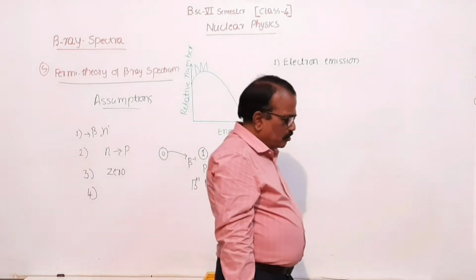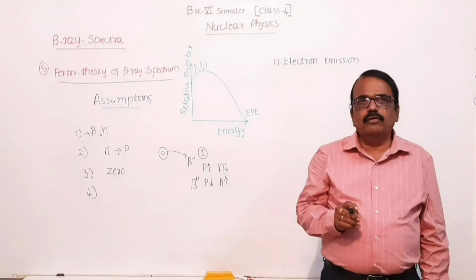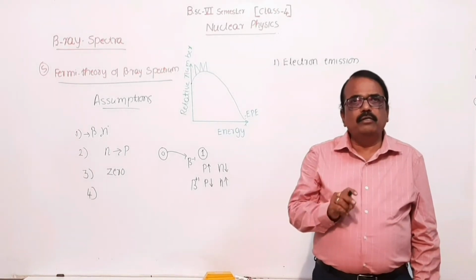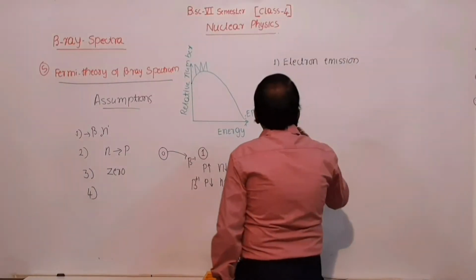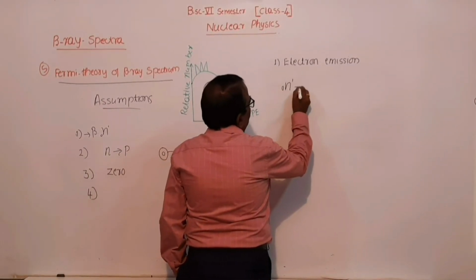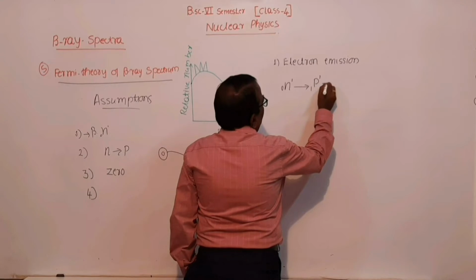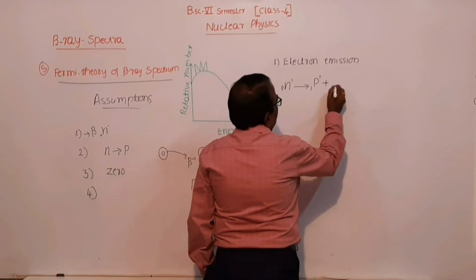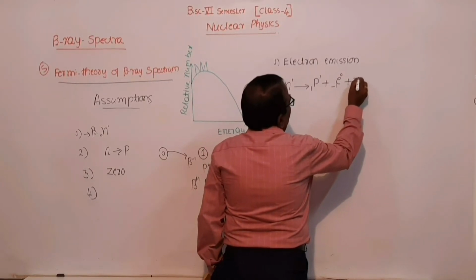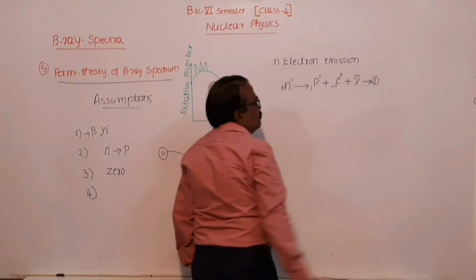During this electron emission, neutron gets converted into proton, emitting beta particle and antineutrino. That means here neutron gets converted into proton, emitting beta particle along with antineutrino. Call this equation 1.